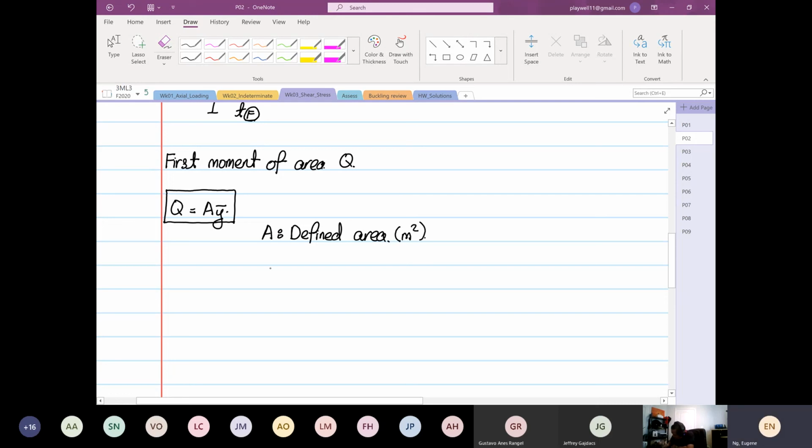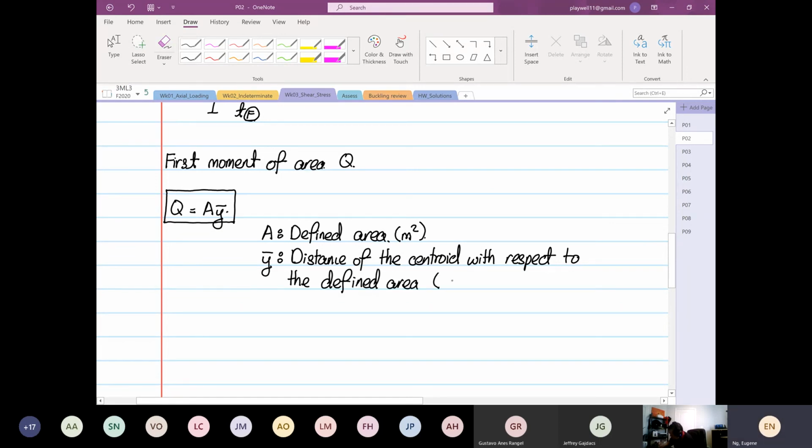And then y bar is known as the distance of the centroid with respect to the defined area.